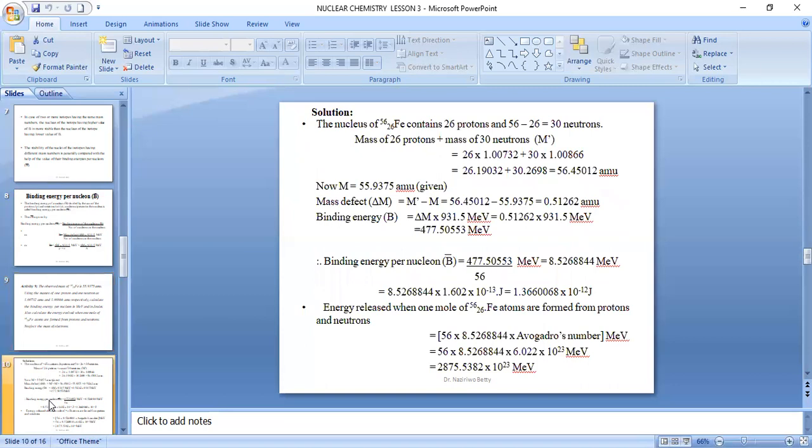The answer to that activity is, we know that iron 56 contains 26 protons, because the atomic number of a given atom is always equal to the number of protons. So it has 26 protons, while the atomic mass minus the number of protons will lead us to the neutrons. So it has 30 neutrons.